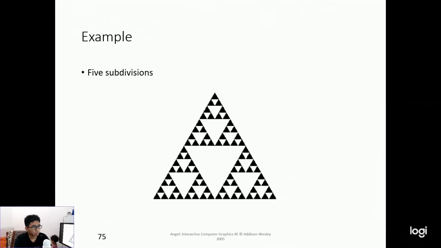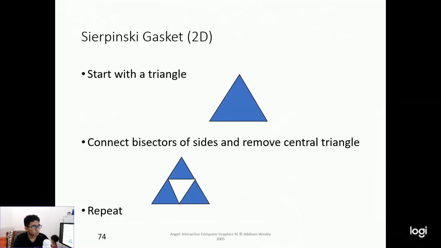Next, in order to create the Sierpinski gasket, the first thing we need to do is start with a triangle. So you're going to have your OpenGL ready with the source code, and then try to create the triangle first.